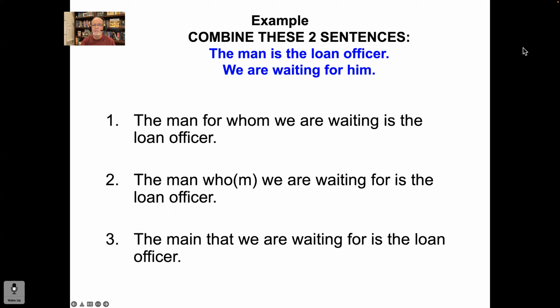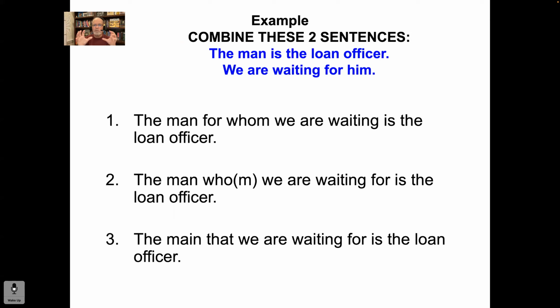Now, you see how you have that for hanging out there in number 2 and number 3? See, number 1, we don't have stranding. This is called stranding. A strand is left hanging out there. That's very formal English. The man for whom, the man to whom, the man about whom we talked, the problem about which we discussed yesterday is still here.